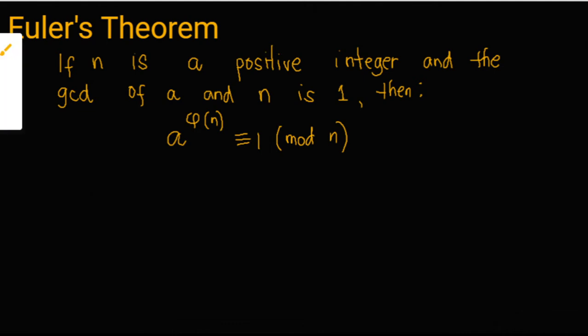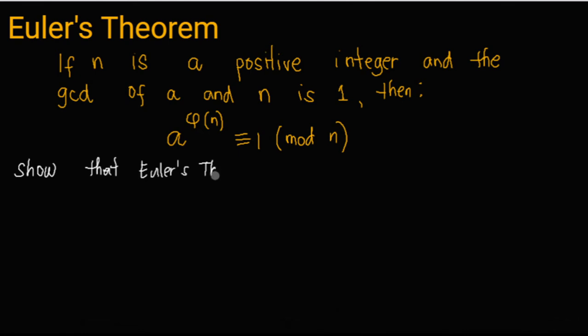Okay, so let us have an illustration. So let us show that Euler's theorem is true for n is equal to 10 and for all a is less than n.